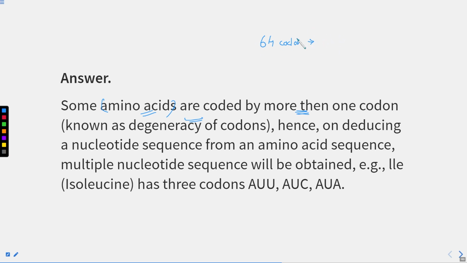In total we have 4 nitrogenous bases, and a codon consists of 3 bases, such as AUG.